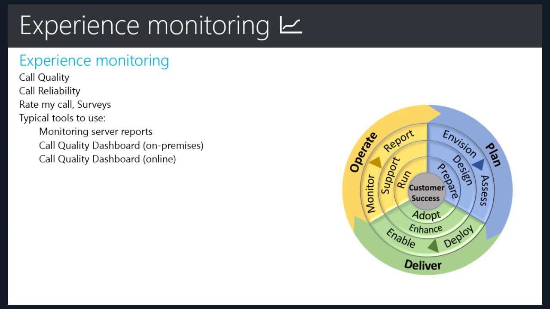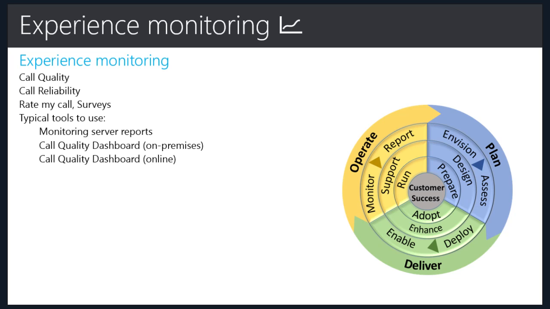Now, if you are familiar with the Call Quality Dashboard, you might ask yourself, what can I do to integrate the Call Quality Dashboard on premises and online into a single deployment? Today, there's no way to get a holistic view across on premises and online.